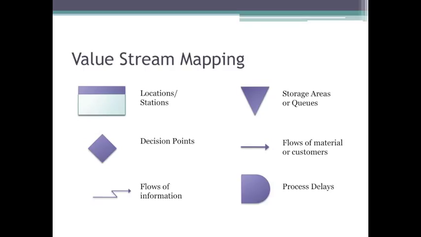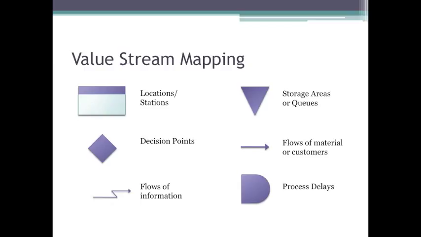With a value stream map, we use a lot of the same symbols that go into a process map, but there's a lot more detail. Rectangles are still operations, locations, things done. We have storage areas. We generally represent these with triangles as usual. We have decision points. There's areas where the process may branch into one area or another.